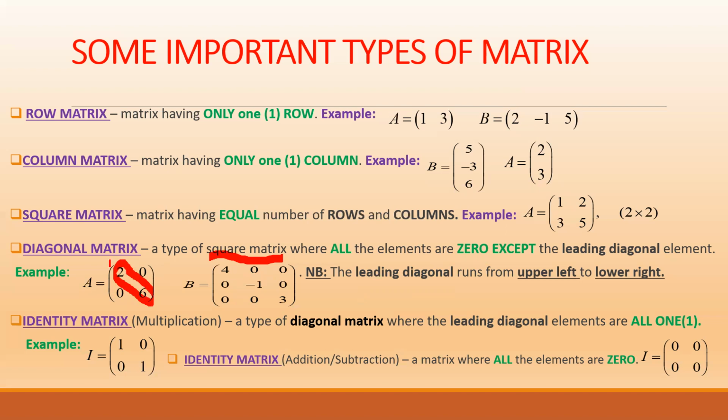This part of the matrix is the upper left, and this part down here is the lower right. So these would be the diagonal elements, 2 and 6. All the other elements must be zero. Clearly this is a diagonal matrix because the diagonal elements are not zero, and all the other elements are zero.